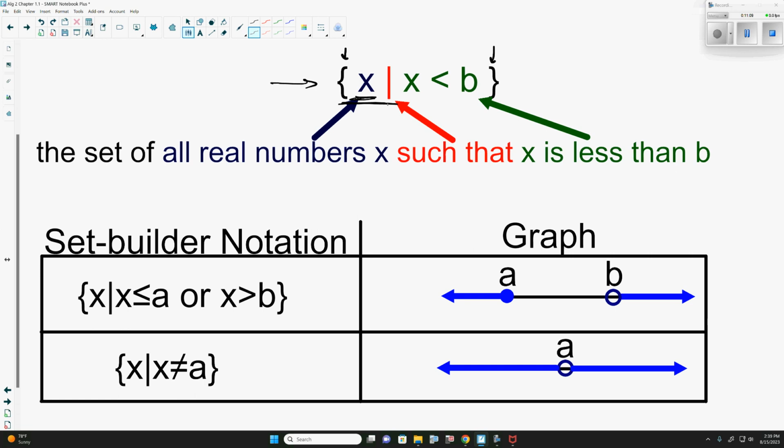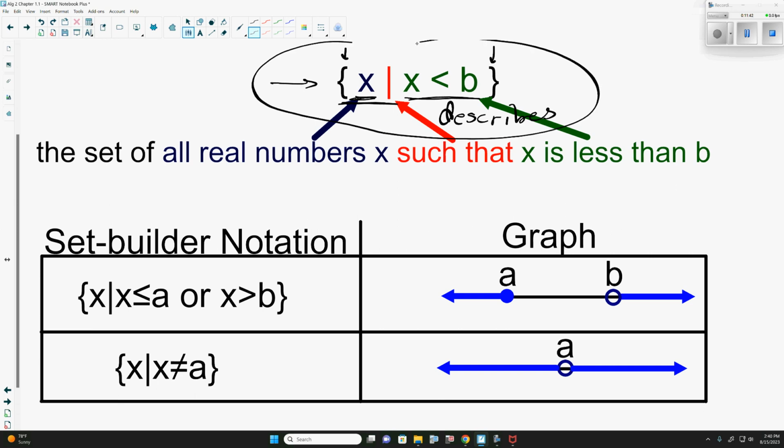Now, the bar is actually a representation of "such that." So what we've had, if we wrote this so far, is brace X bar, saying the set of all real numbers such that. So X is any real number such that it satisfies the following condition. And this last part really just describes. So if you want to write this part down, that will be helpful.